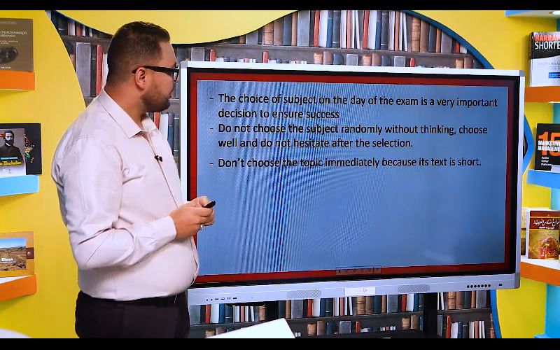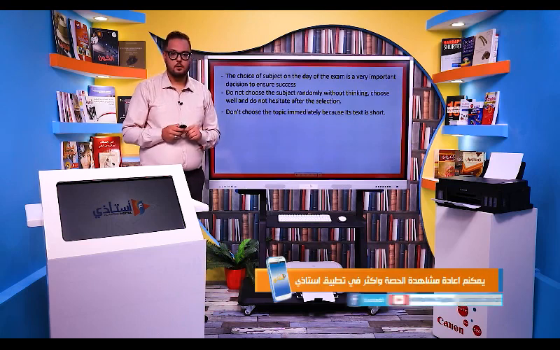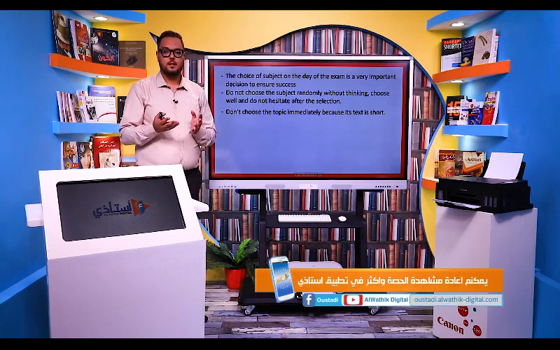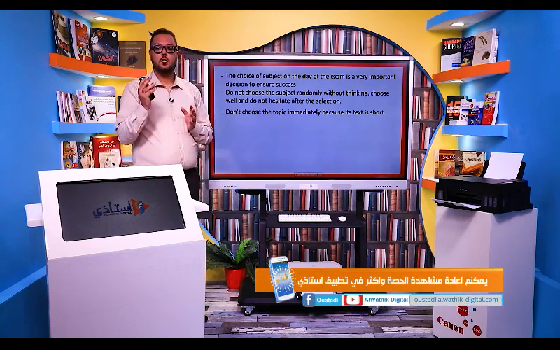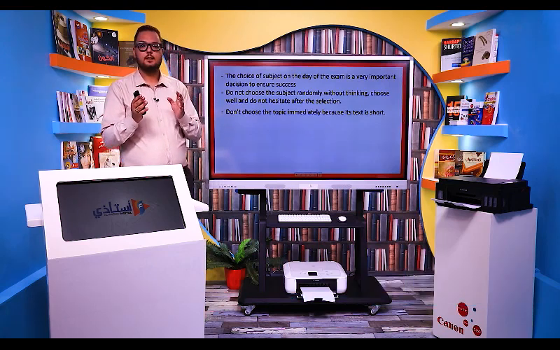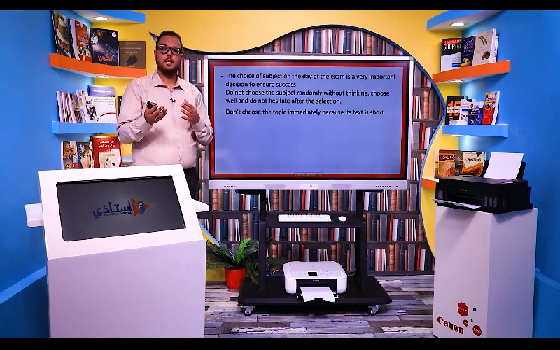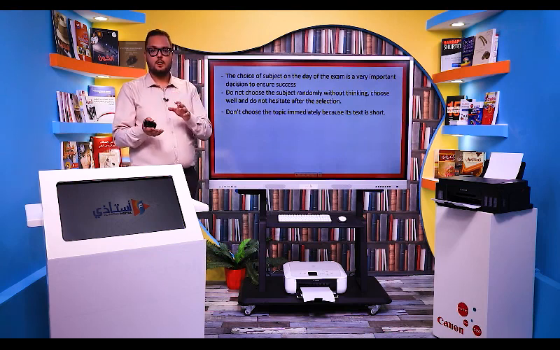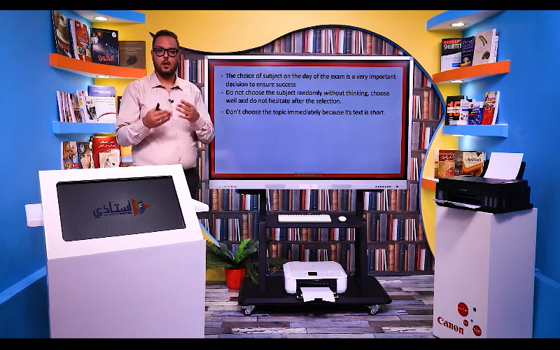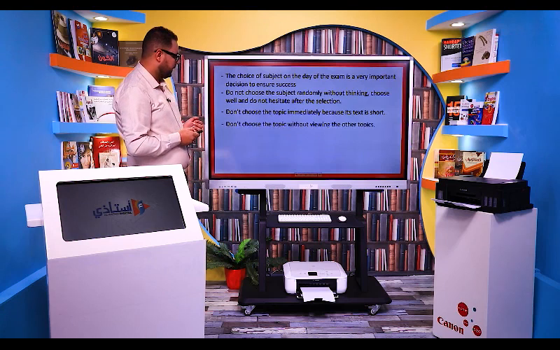Don't choose the topic immediately because its text is short. It's a big mistake. Some pupils choose topic 1 or topic 2 just because its text is very short or its written expression is simple. No, you have to think before you choose the topic.